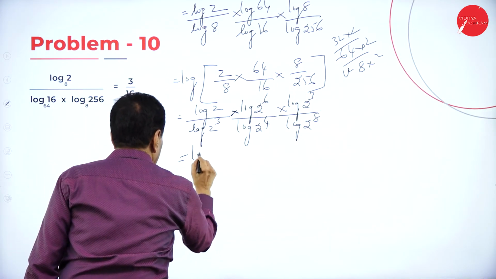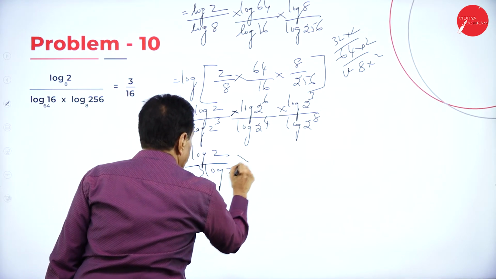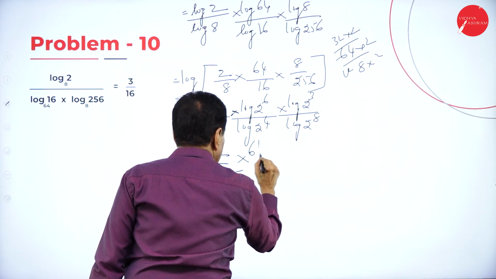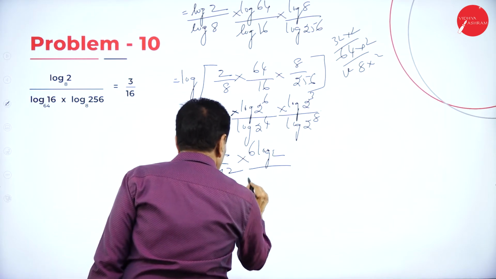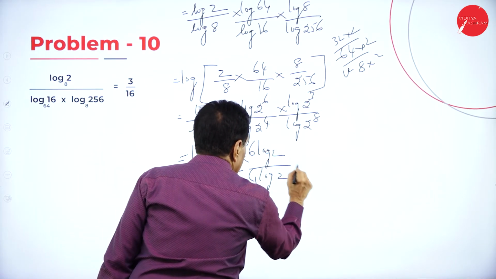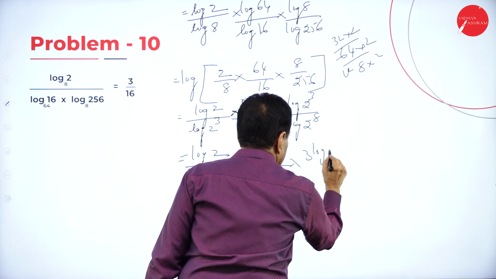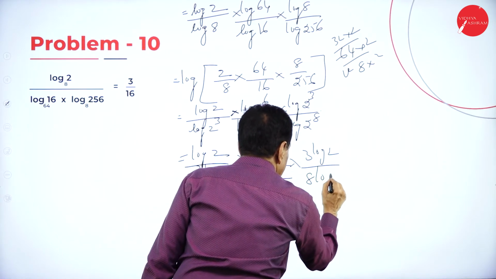This is 3 log 2 into 6 log 2 divided by 4 log 2 into 3 log 2 divided by 8 log 2.